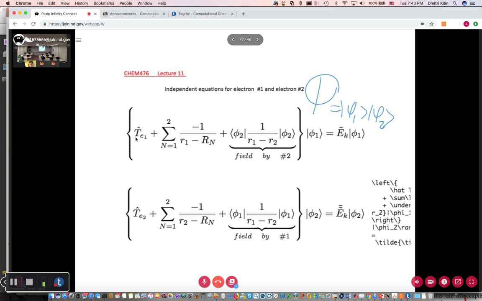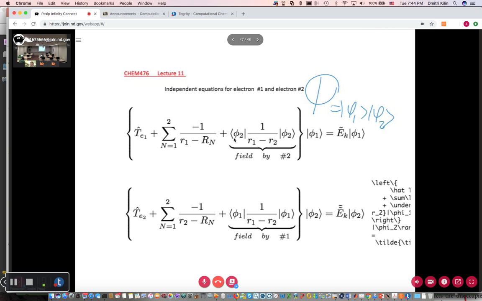There is a kinetic energy portion affecting electron 1, a potential energy operator that reflects attraction of the first electron to all nuclei, and this crazy term of electron-electron repulsion with averaging over the wave function of the second electron.